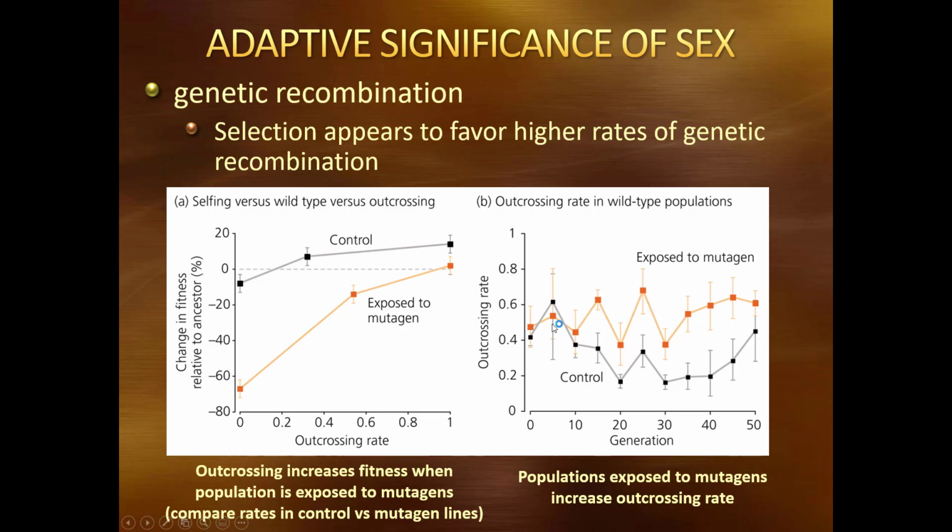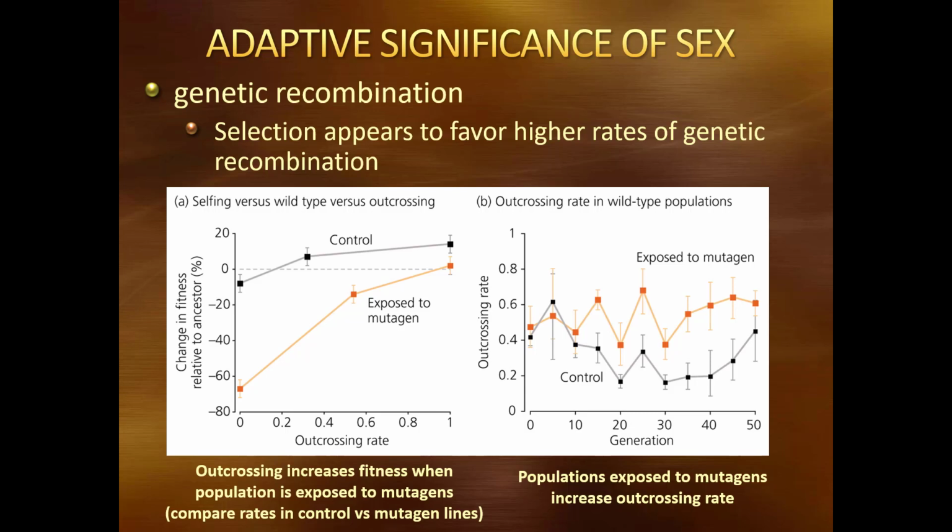And what you're finding, if you look at the difference between the two graphs, is that over time the population that was exposed to mutagen switched to a slightly higher outcrossing rate, right? Because remember, outcrossing helped those populations to do better. And so if I continually expose a population to mutagens over time, it will increase its outcrossing rate.